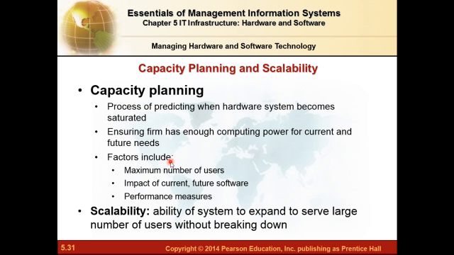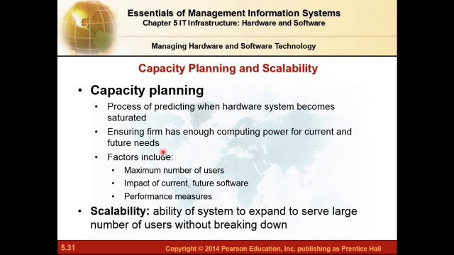The next one is capacity planning and scalability for the hardware and also for the software. When you want to buy or invest in hardware and software, you need to have capacity planning to process or predict when the hardware system becomes saturated, ensuring the firm has enough computing power for current and future needs.